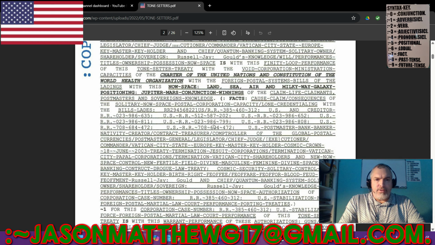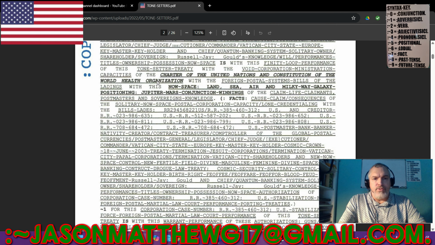Folks, I draw your attention, in light of the words we just read about italic words meaning no contract, void contract, towards the top of your screen where it says here, of the Charter of the United Nations and Constitution of the World Health Organization. You see that this is underlined, which means whatever is there would be taken as a whole. But it's written in italics.